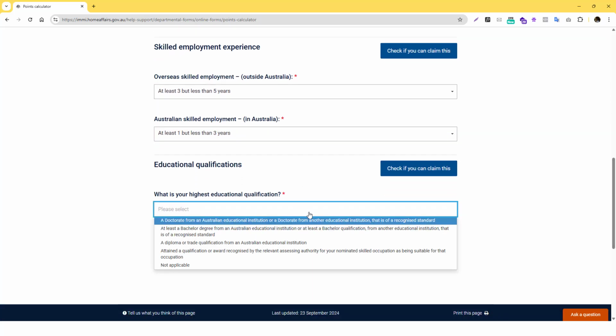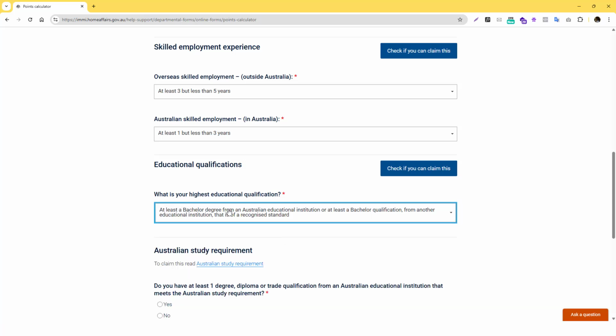Educational attainment, this one is not bound to having an Australian education. This is basically your highest education in total. So having a bachelor degree in other countries is still equivalent to a bachelor degree.